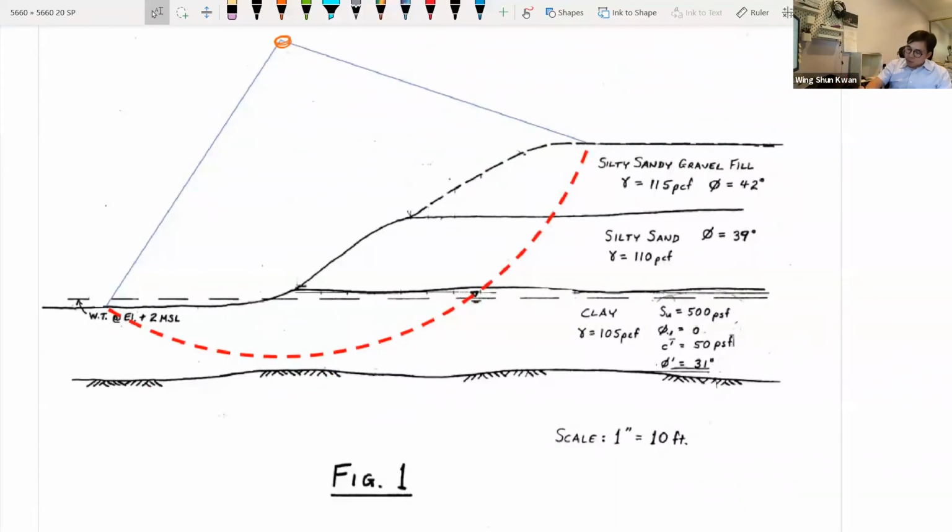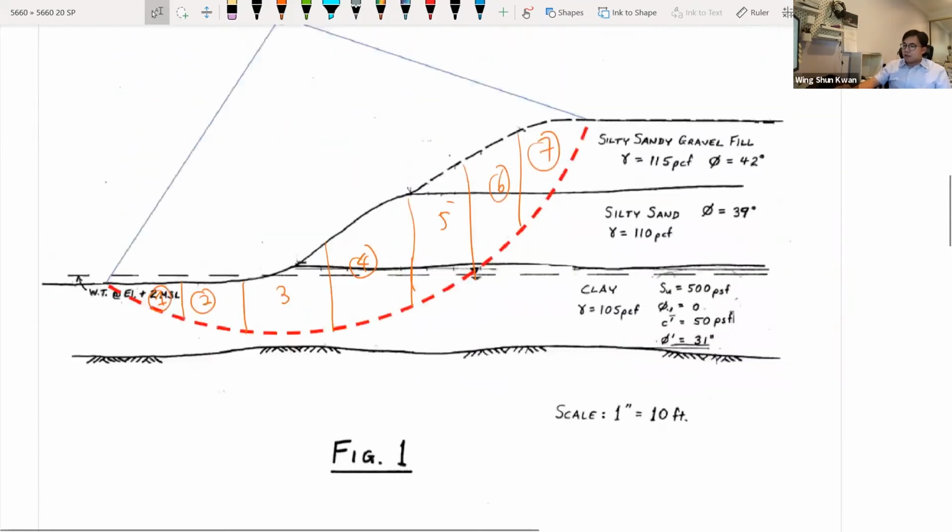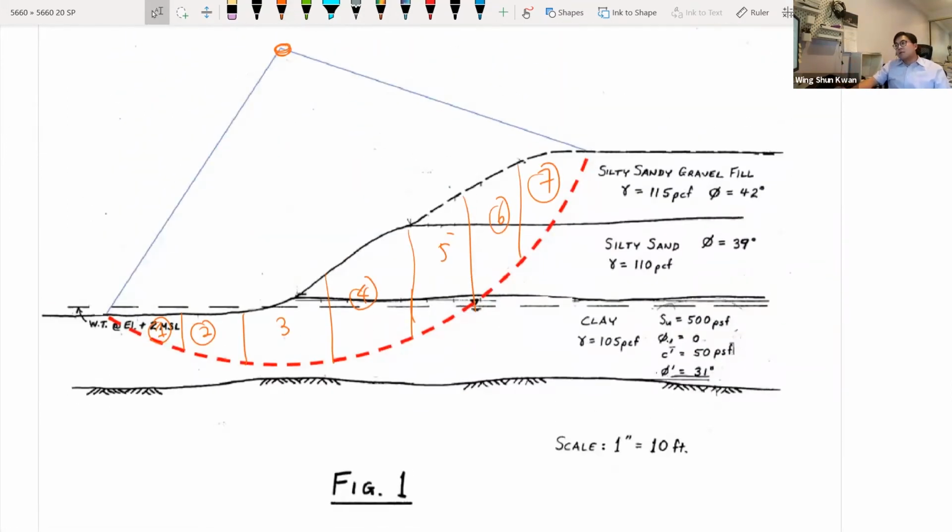Then the next thing you would do is chop this into different slices. So this is number 1, number 2, 3, 4, 5, 6, 7. I think in the solutions, I do 8 slices instead of 7, but you get the idea. So you chop it into a different number of slices, and how many you need, you make the call. The more that you make, the thinner the slices get, the more accurate it will be.